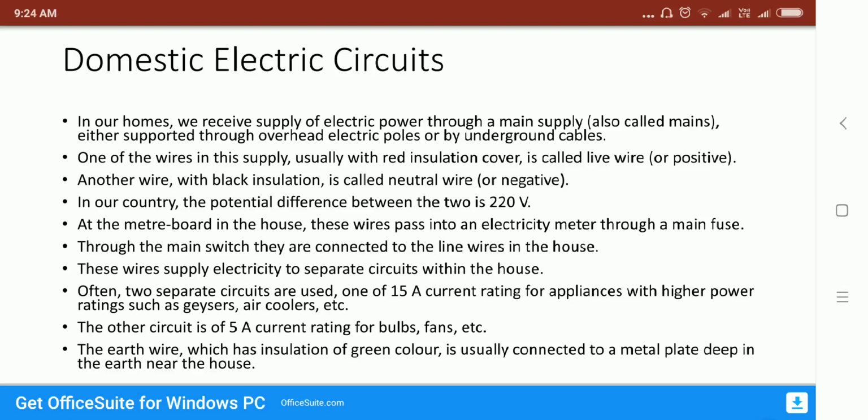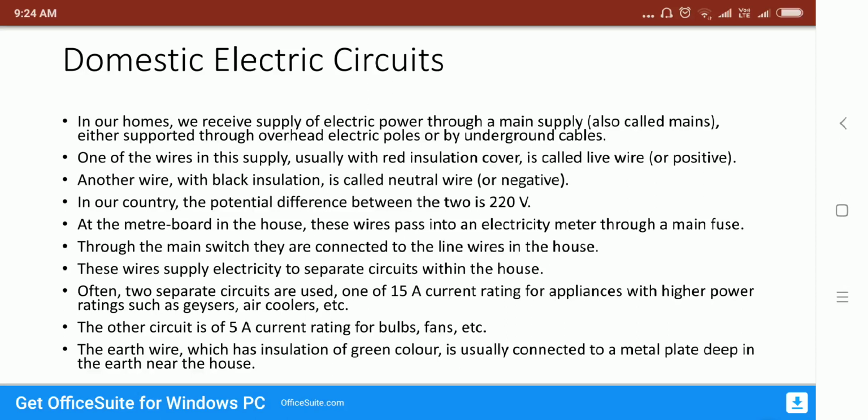For that, a separate circuit is required. For the normal devices, fan, tube light, mixers, less power is required, and that's why a 5 ampere circuit is sufficient. But for the bulky devices, there is a higher power requirement. For that, a 10 to 15 ampere current rating is required. For that, two separate circuits are available.